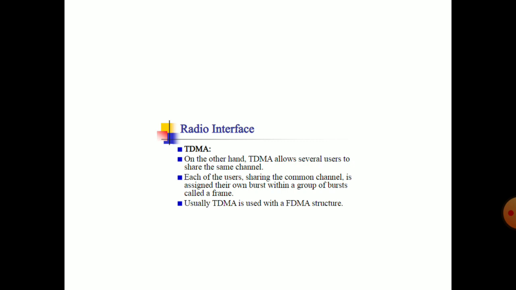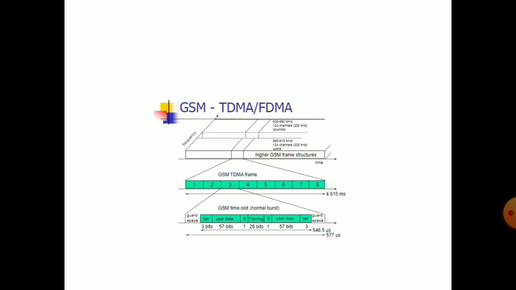Data is divided into bursts, each burst consisting of 8 bits. A group of bursts is called a frame. This is the architecture: one frame consisting of 8 bursts.